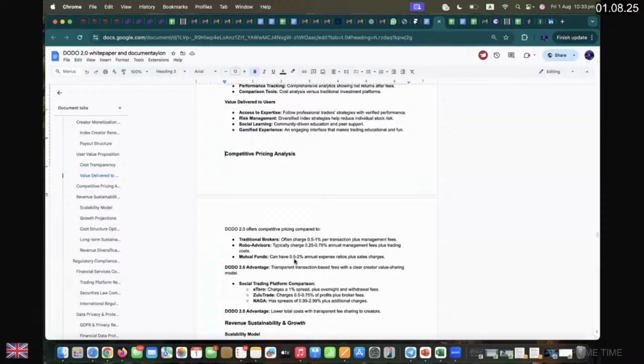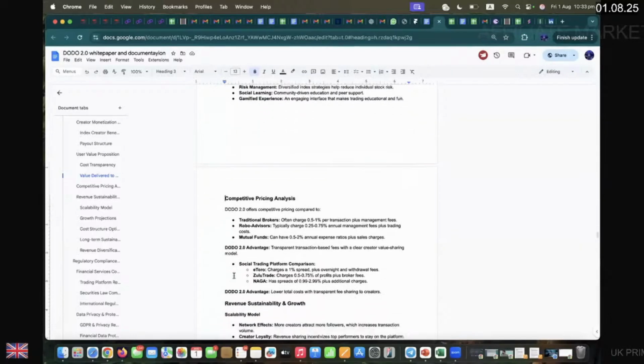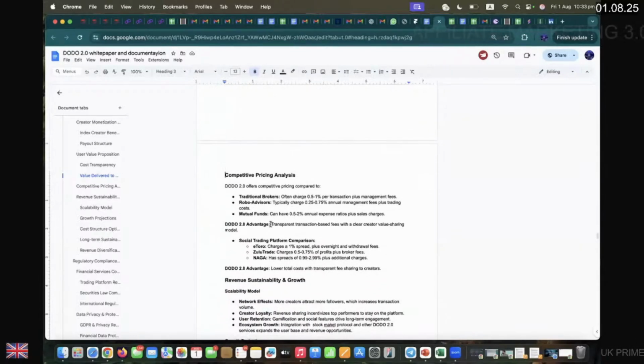Then mutual funds. So we are competitive in every aspect if we compare to crypto as well as traditional stock trading platforms. Dodo 2.0 advantage: the transparent transaction-based fees with a clear creator value sharing model.